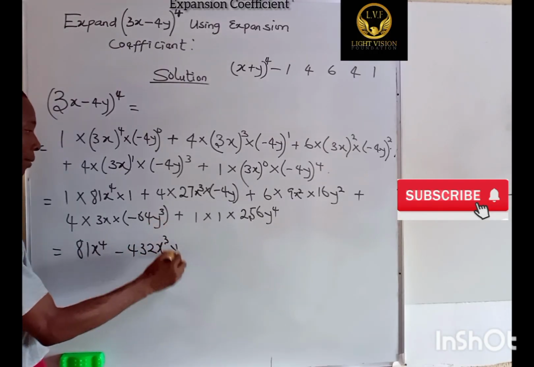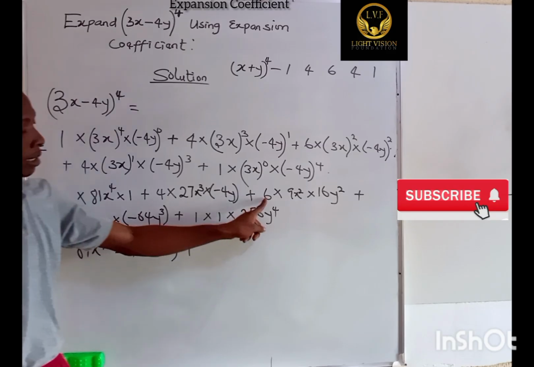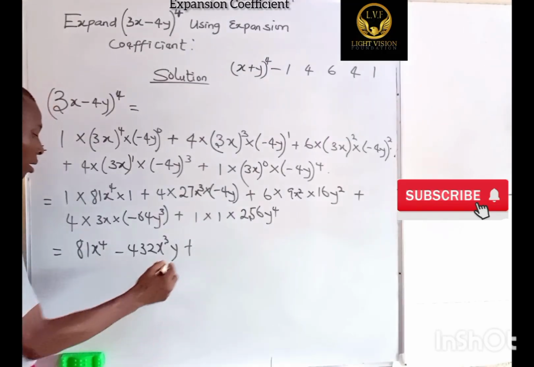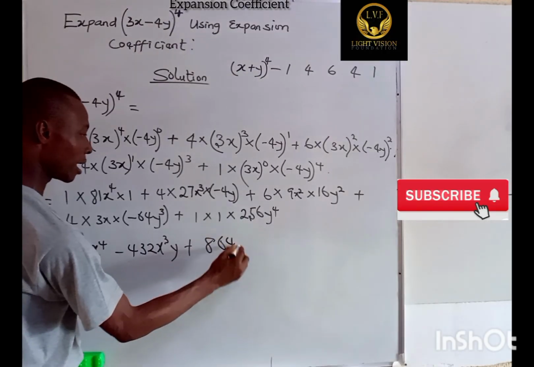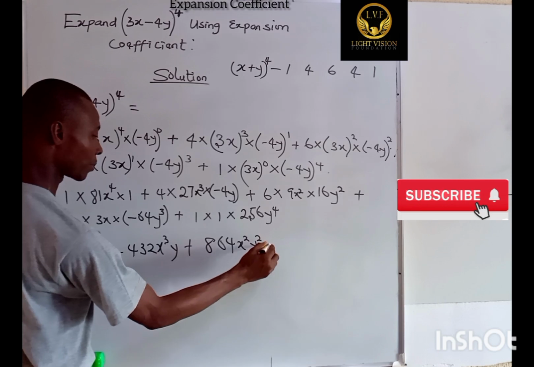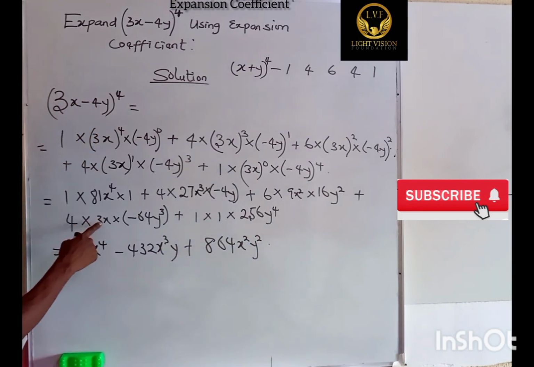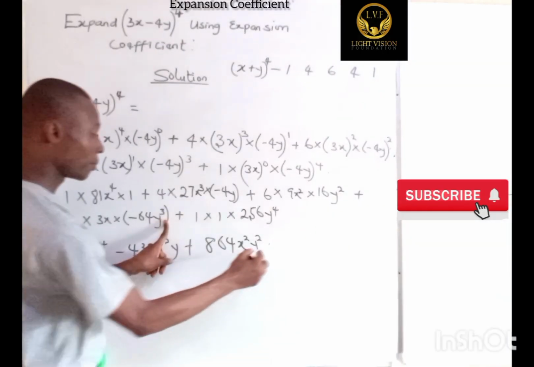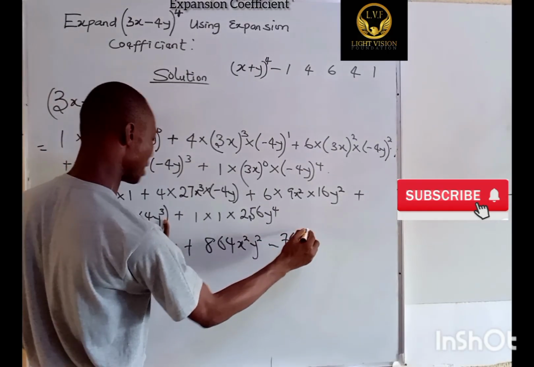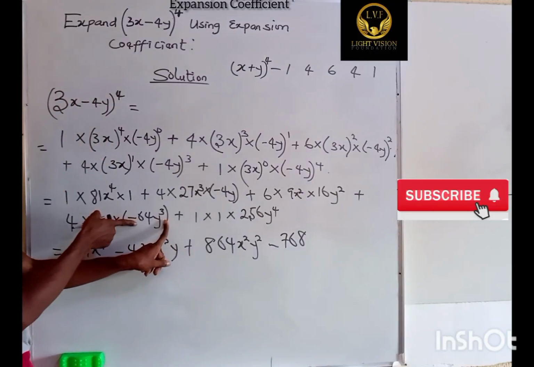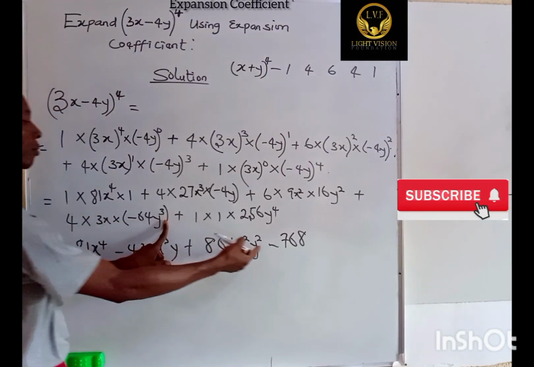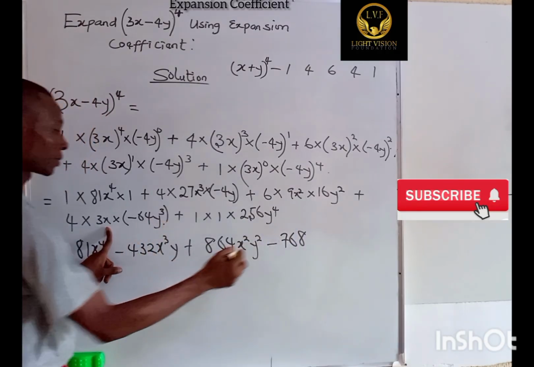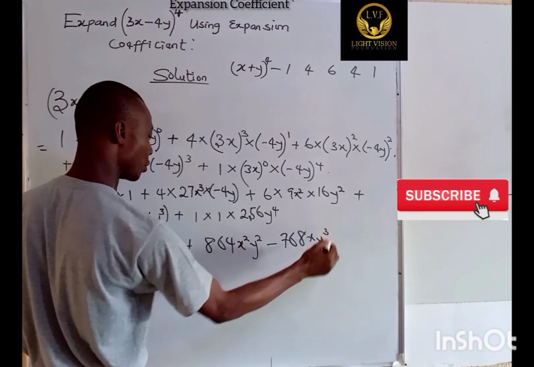Then 4 times 27x^3 times −4y becomes −432x^3y, plus 6 times 9x^2 times 16y^2 becomes 864x^2y^2. Then 4 times 3x times −64y^3 becomes −768, because everything here turns out to a minus sign. Then −768xy^3.